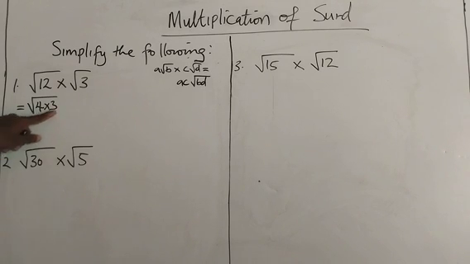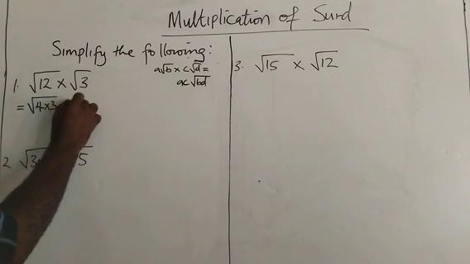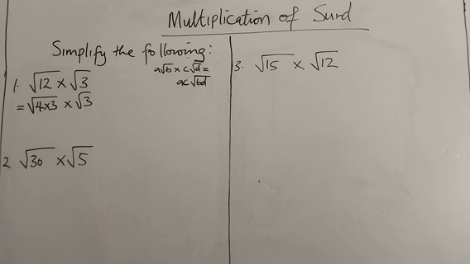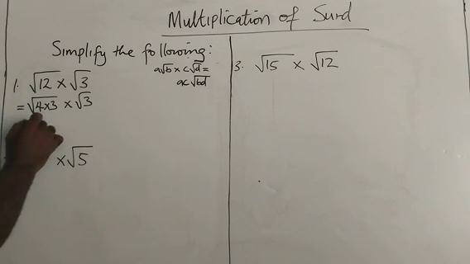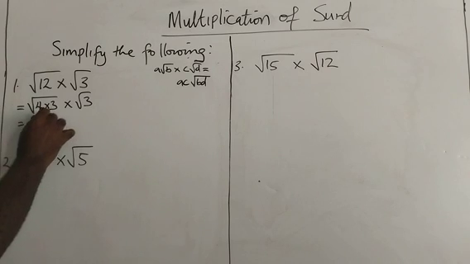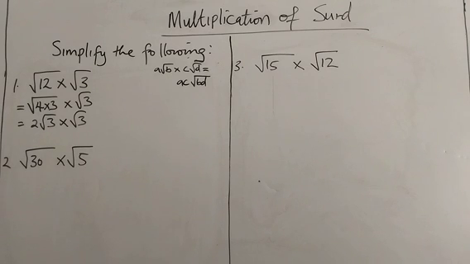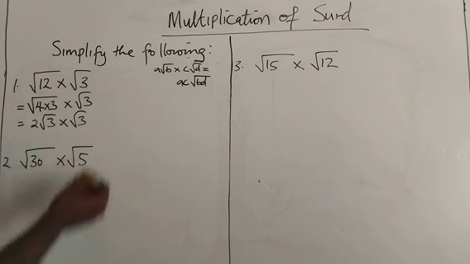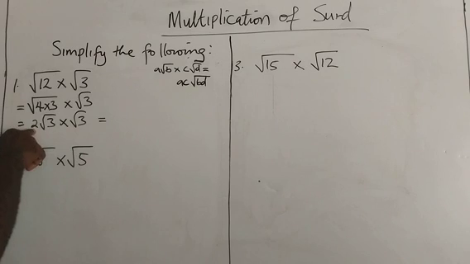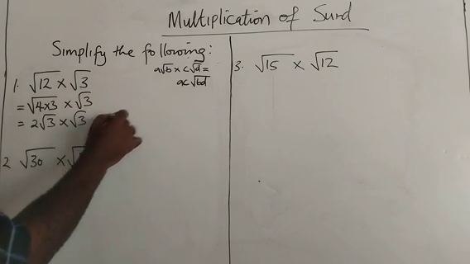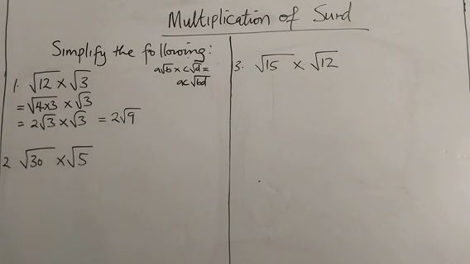Root 12 will give me root 4 times 3, which is 2 root 3. Now, going further, I will have 2 root 3 times root 3, which will give you 2 root 9.